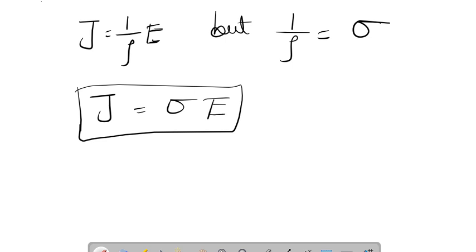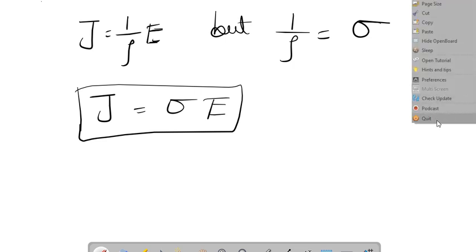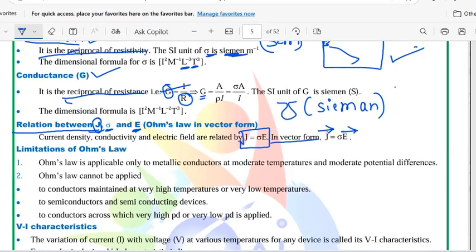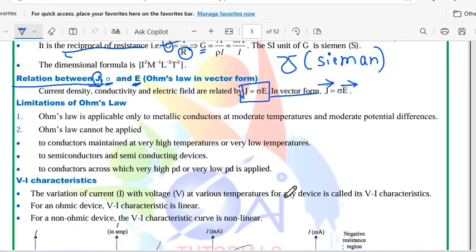So J is equal to 1 by rho into E, and 1 by rho is the conductivity. So J is equal to sigma into E. I hope this concept is clear. In vector form, J bar is equal to sigma into E bar.